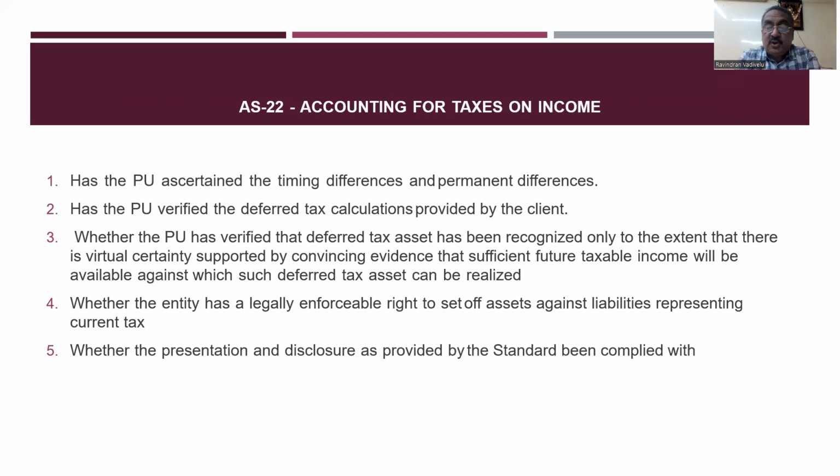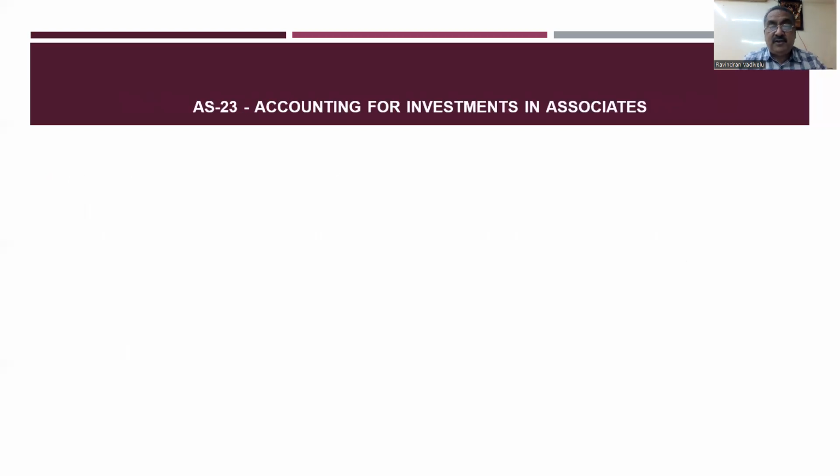Whether the presentation and disclosure as provided by the standard have been complied with. See, in almost everything, in AS 22 and AS 2, 3, 4, everything, the practicing unit has to follow. Whether the standards set by the accounting standards have been followed, they have to give it specifically.